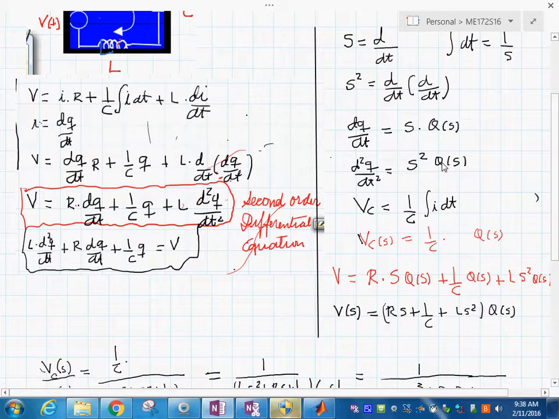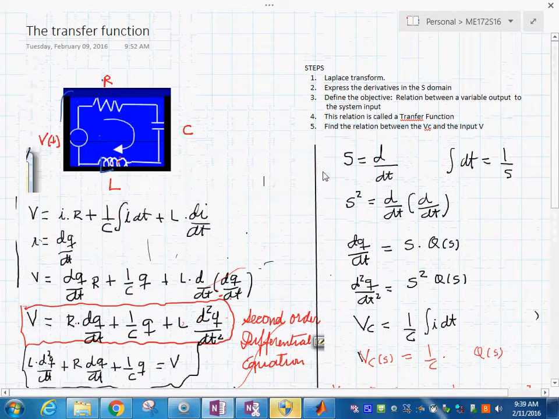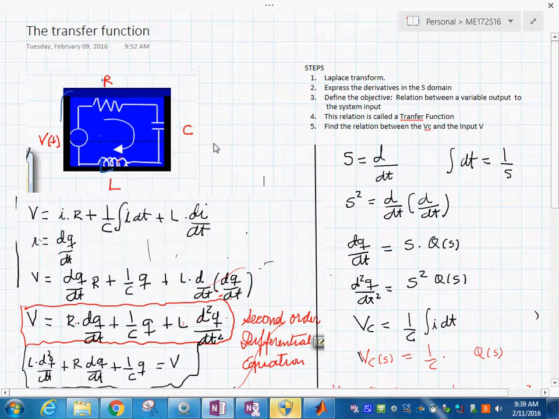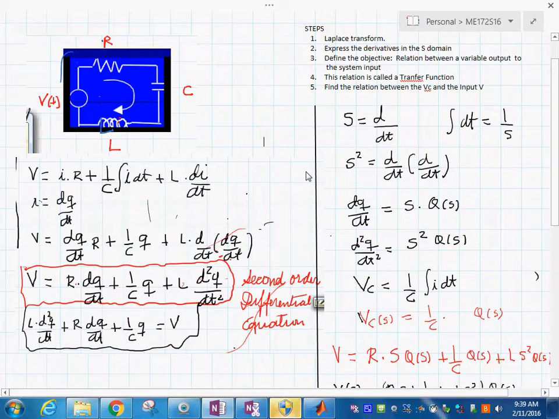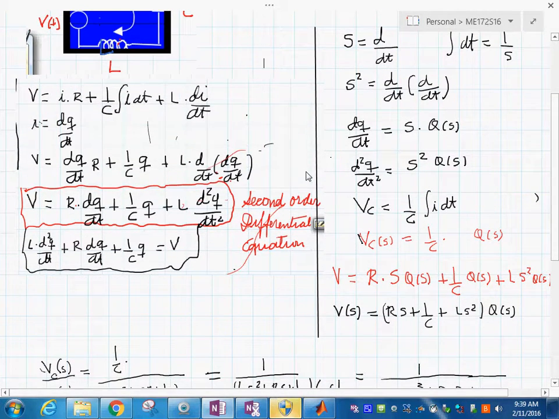In this case, we are interested in the transfer function as it relates to the voltage across the capacitor in relationship to the voltage input. This ratio is called the transfer function. The voltage across the C element is 1 over C times the integral of I dt.